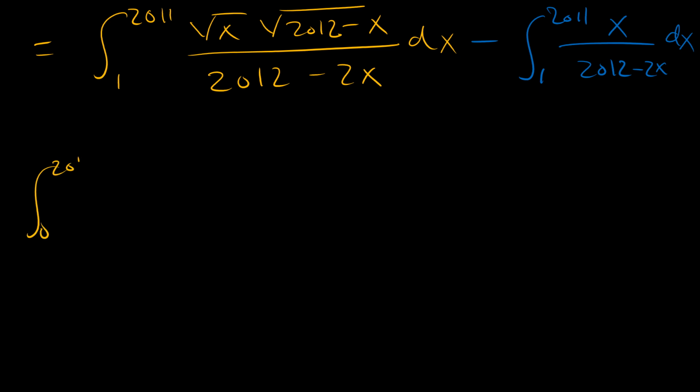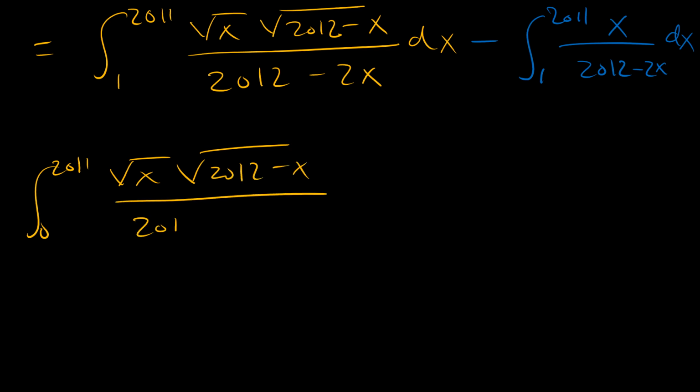So this is an interesting function that one can look at and deduce a couple of things, right? So here in the denominator, we have 2012 minus 2x. That means that this value is 0 when 2012 minus 2x equals 0.